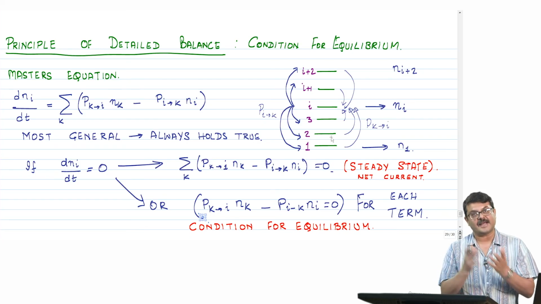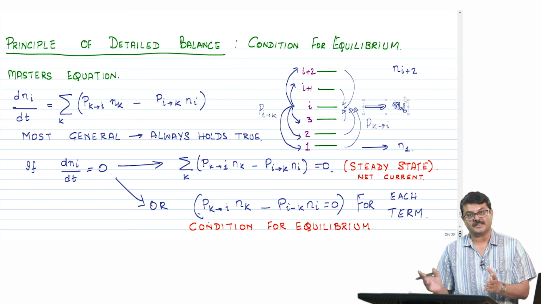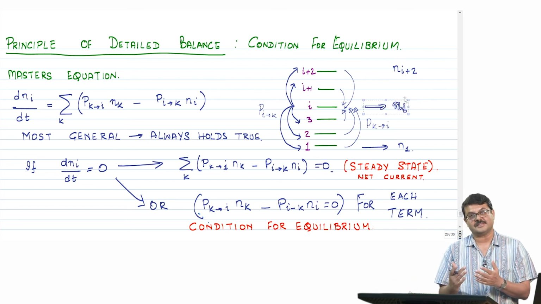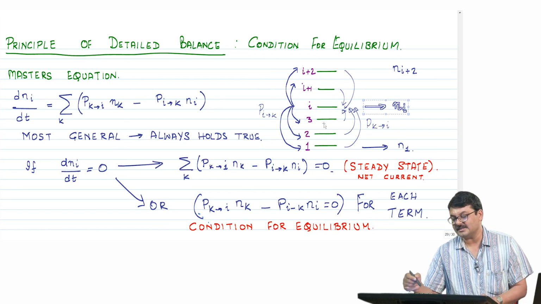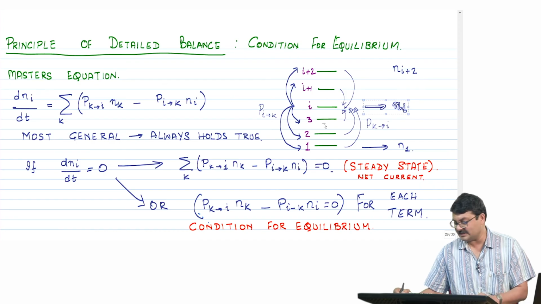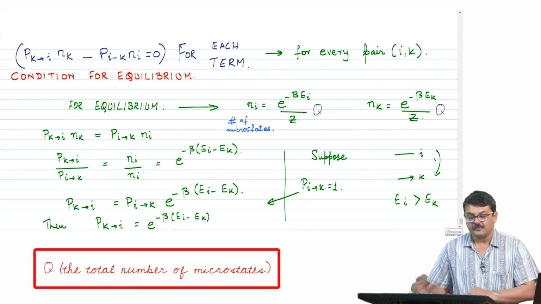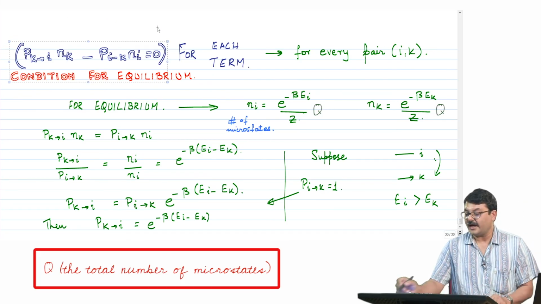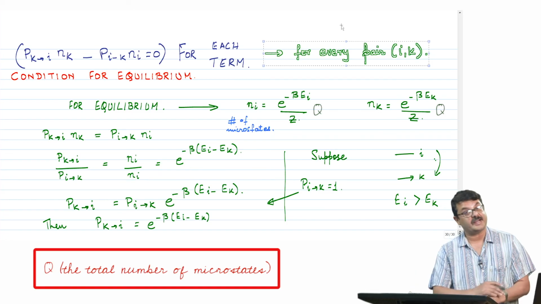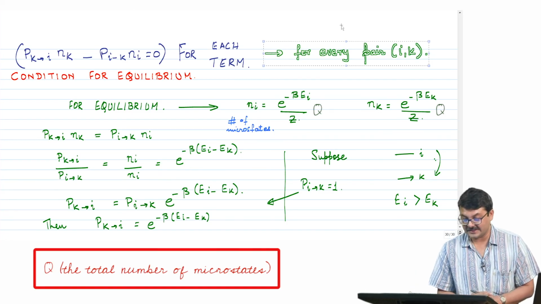Different microstates can have the same energy. So, just think that these n_i are not particles, but the number of microstates which are accessed at energy E_i, E_2, E_3, E_1 and so on. For equilibrium, this relation holds for every pair of energy states i and k.